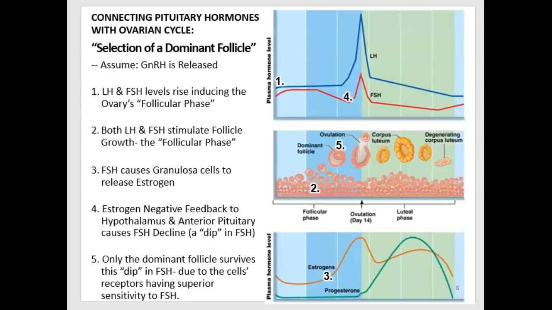The first thing we're going to do is connect the pituitary hormone levels with the ovarian cycle. We're just going to assume that gonadotropin releasing hormone is adequate. It's been released by the hypothalamus, and now the pituitary is releasing LH and FSH as it should. The top picture shows the levels of the anterior pituitary hormones.